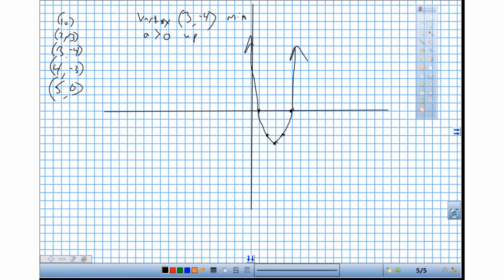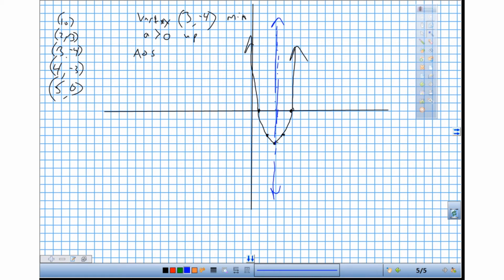Now, we also need to discuss some different things like the axis of symmetry, which I just refer to as AOS. You know that the symmetry is around the vertex if you watched the previous video. There's a line that's going to go down through here that we just don't see, and I can fold it over on top of itself.